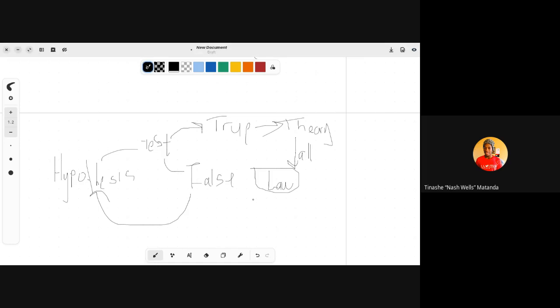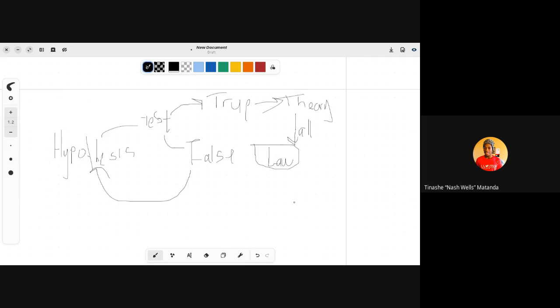So remember, let me use the example of Pythagoras. Those who are bad at maths, this probably isn't your day. Pythagoras came up with the idea that in a right angle triangle, the square of the hypotenuse is equal to the sum of the squares of the two other sides. He performed a test with multiple kinds of triangles, made a hypothesis first, and then he tested that, and it came out as true.